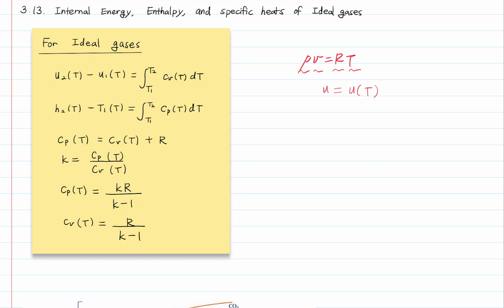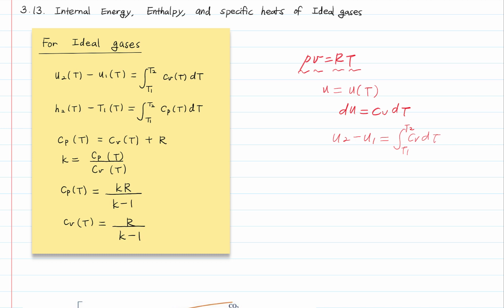From the definition of specific heat, du equals Cv dT. So integrate both sides of the equation. The change in internal energy is the integration of Cv from the initial temperature T1 to final temperature T2.